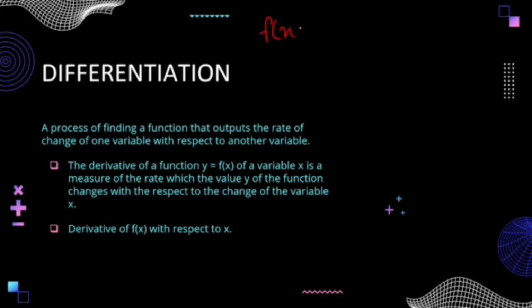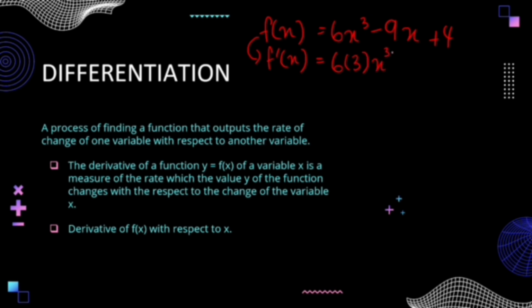f(x) equals 6x cubed minus 9x plus 4. To differentiate, f'(x) equals 6 times 3 x to the power of 3 minus 1, minus 9 times 1 x to the power of 1 minus 1.